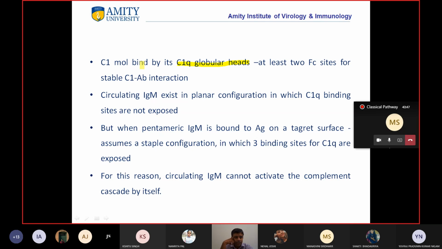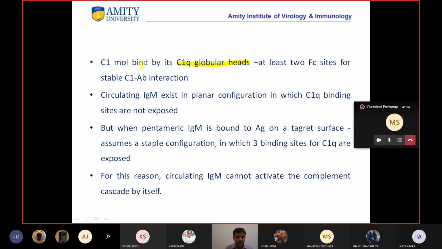Circulating IgM exists in a planar configuration in which the C1Q binding sites are not exposed. Now, students, I hope you remember the IgM. When it is in circulation, it is in a planar configuration, right? Suppose this is your IgM antibody. It is flat.